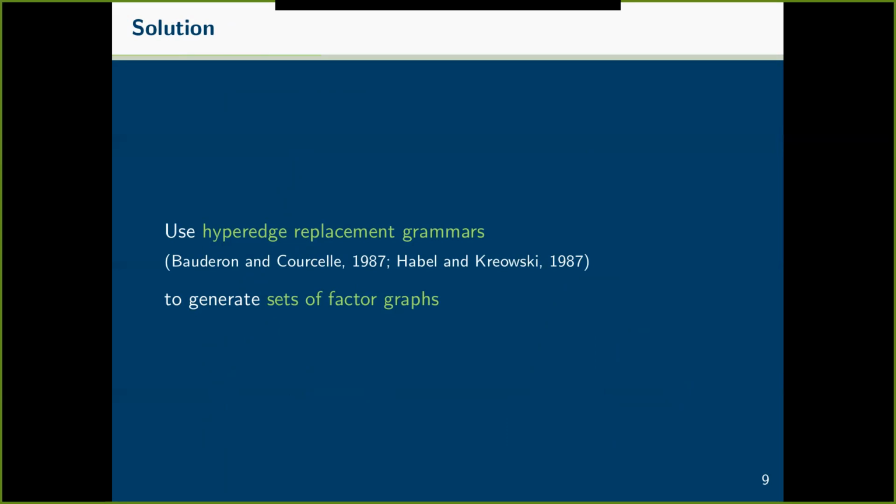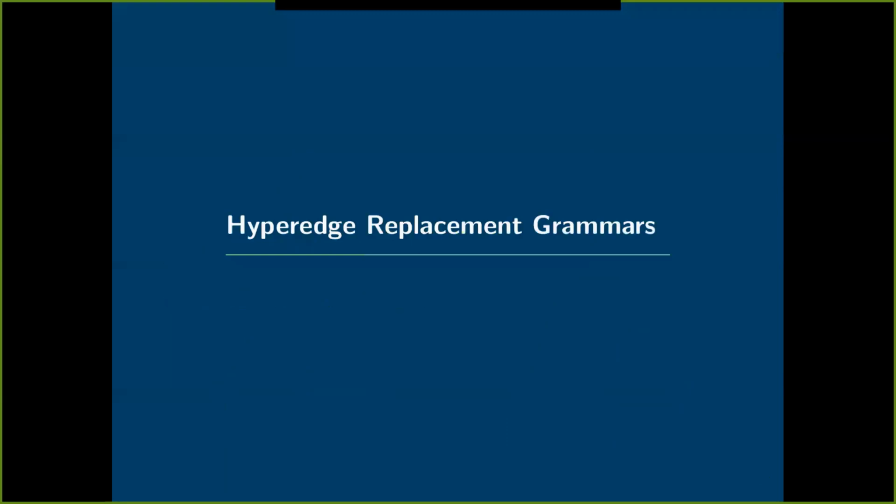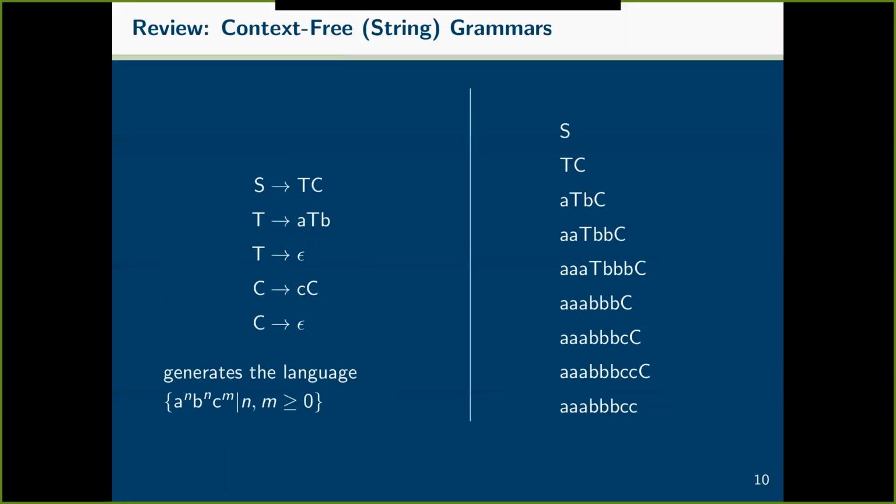And same with PCFGs. So that's what a hyperedge replacement grammar does. It's a method for describing a set of factor graphs. And I'm going to show you what those look like right now.